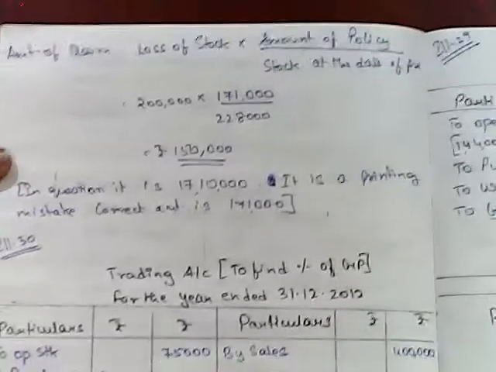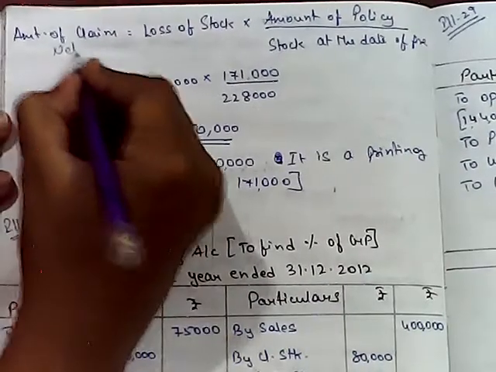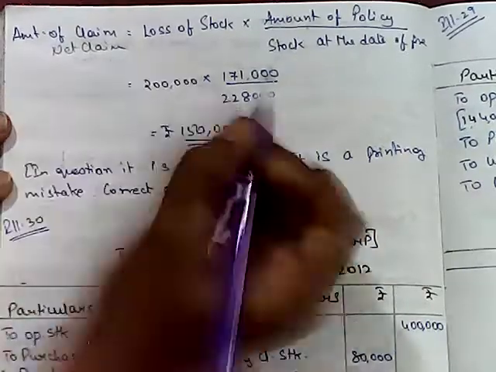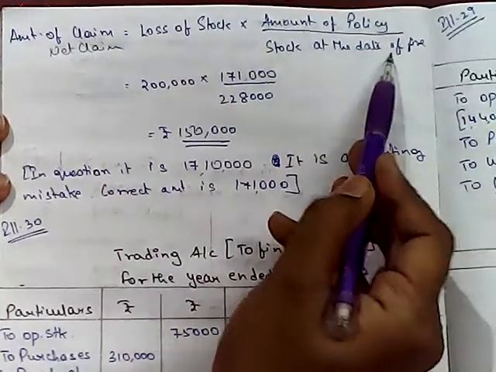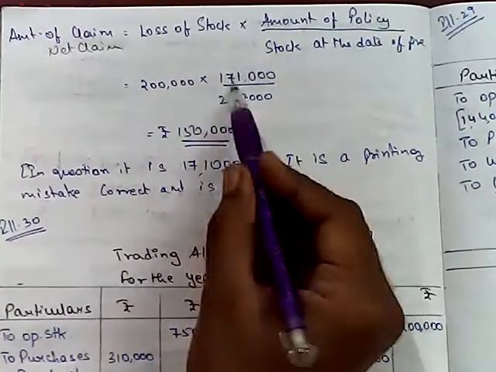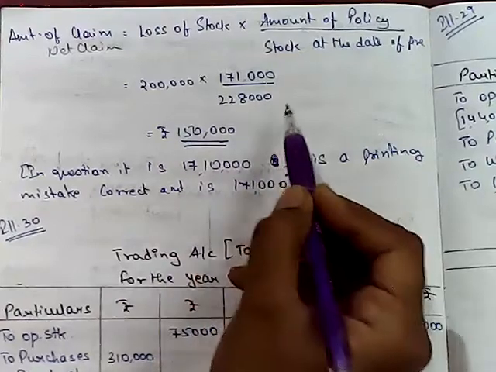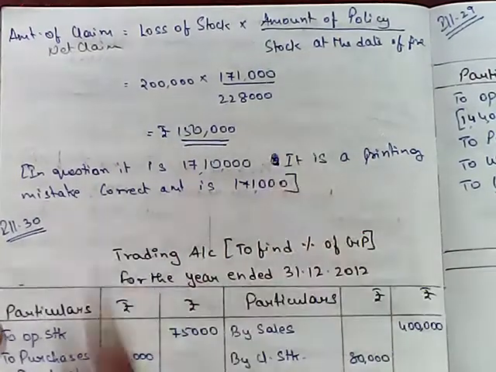So next we have to calculate the amount of claim, that is the net claim. Simple formula: loss of stock into amount of policy divided by stock at the date of fire. 2 lakh into 1,71,000 divided by 2,28,000, which is 1,50,000.